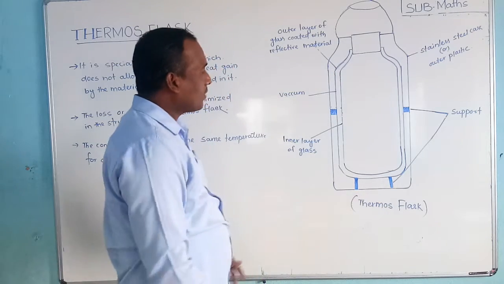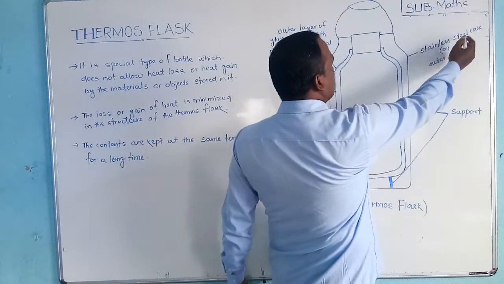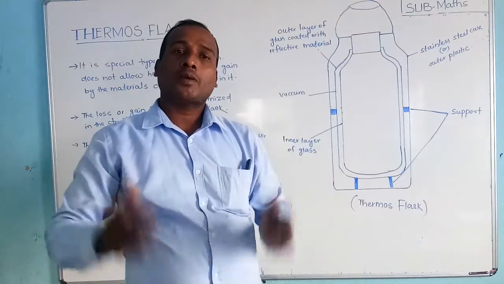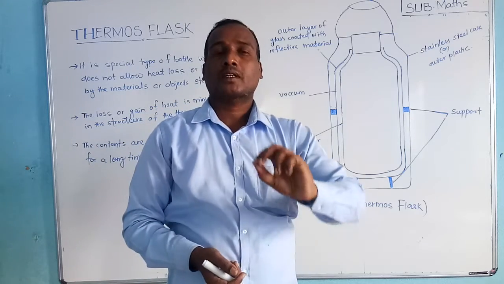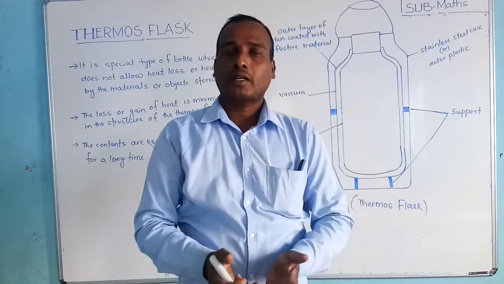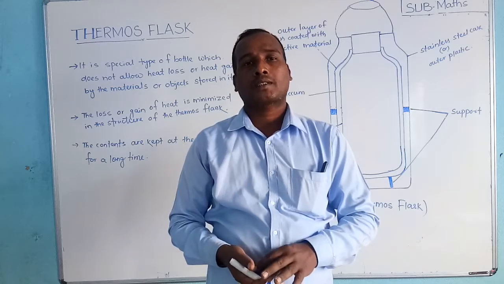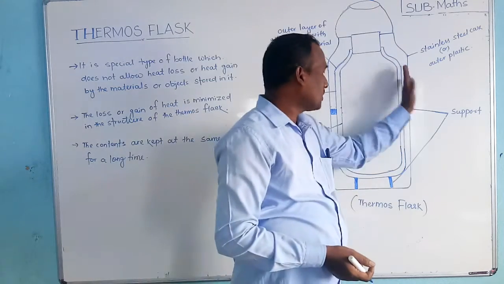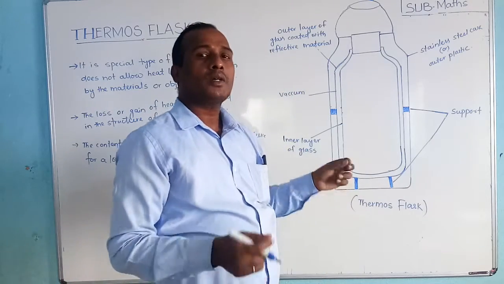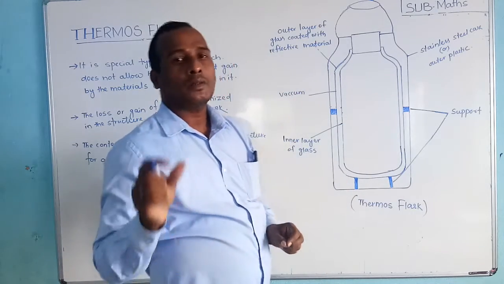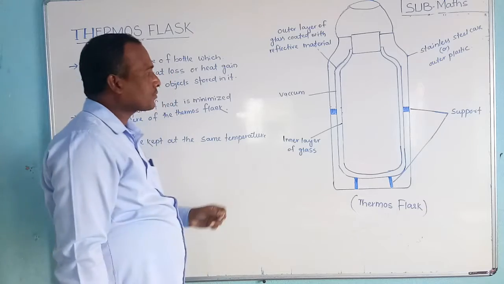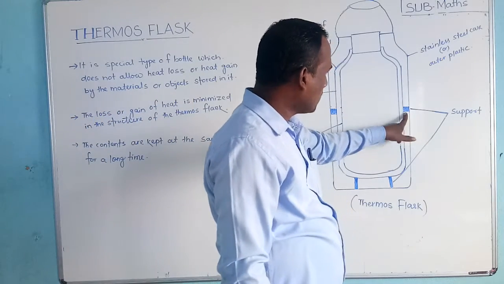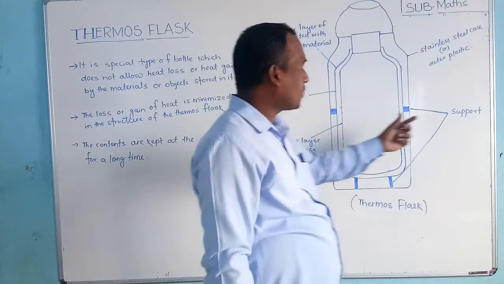Okay. The third layer is stainless steel or outer plastic. This is the outside of the thermoflask. Some thermoflasks are made with a plastic coating, and some are made of stainless steel. Stainless steel is like an iron body, but it does not rust. Next, friends, this black part here is for support.